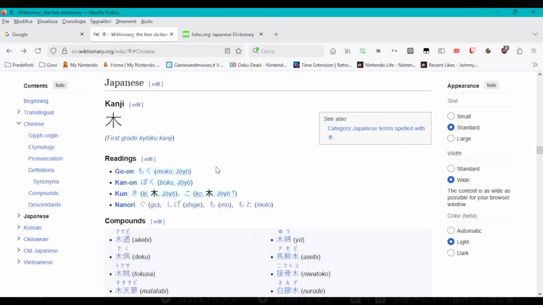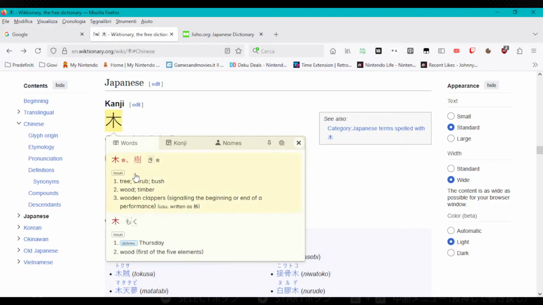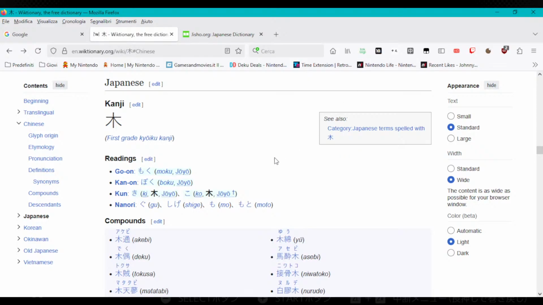And so, in this case, we have ki. As you can see also if I open the dictionary to see the accent, we get the word ki accented, and it's the word for tree.